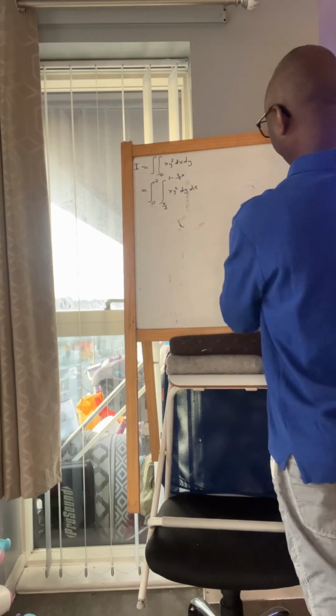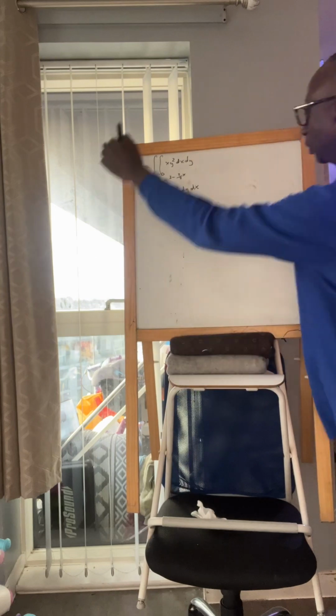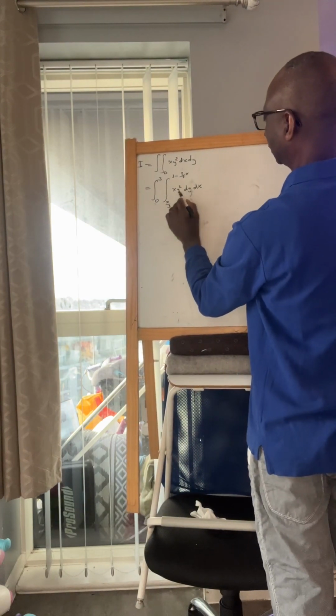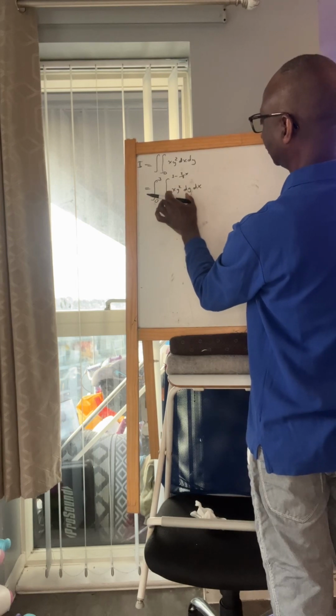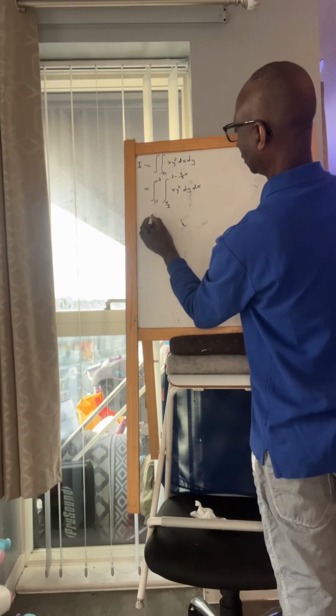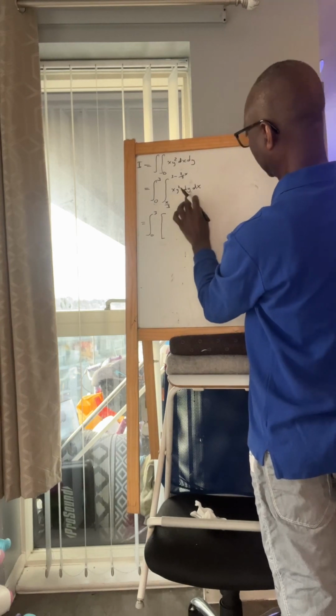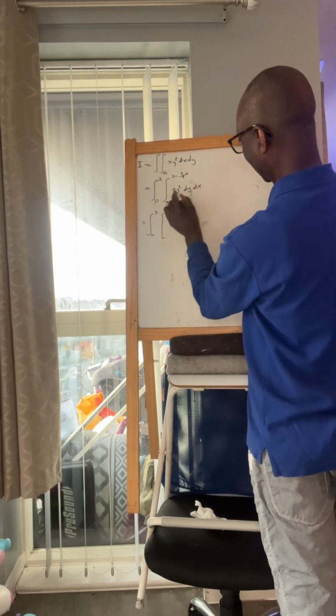So now it can easily be solved. We are now integrating this inside one. So you still have your 0 to 3, integrating with respect to y. So x is constant.